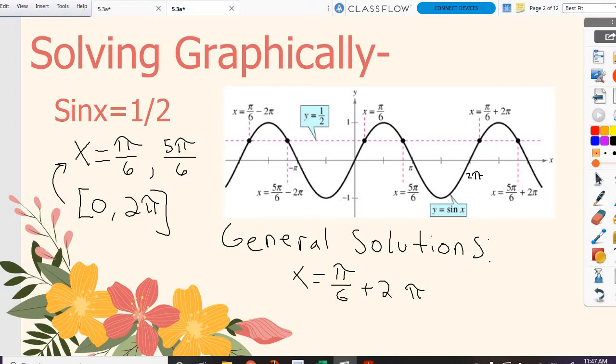Times the number of 2 pi's. Correct. Okay, now how could we represent that? With a variable, I agree. And the specific variable that we use most of the time is going to be n. And n is going to be an integer.